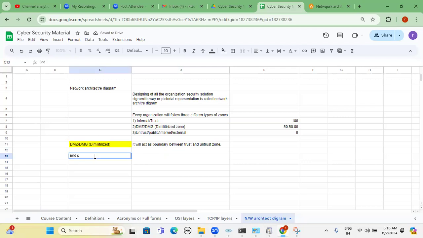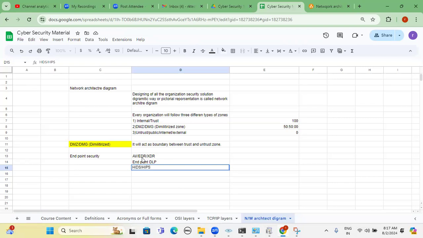Next one is endpoint security side. So what are the different types of solutions we have to implement? First thing is antivirus. It's anyway outdated already, it's a traditional antivirus. So we have to implement EDR, endpoint detection response, and we have to implement XDR, extended detection response. In-depth analysis we can see within 1 week. Next one is endpoint DLP, so we have to implement data loss or data leak prevention, and HIDS, HIPS, host intrusion detection system and host intrusion prevention system.